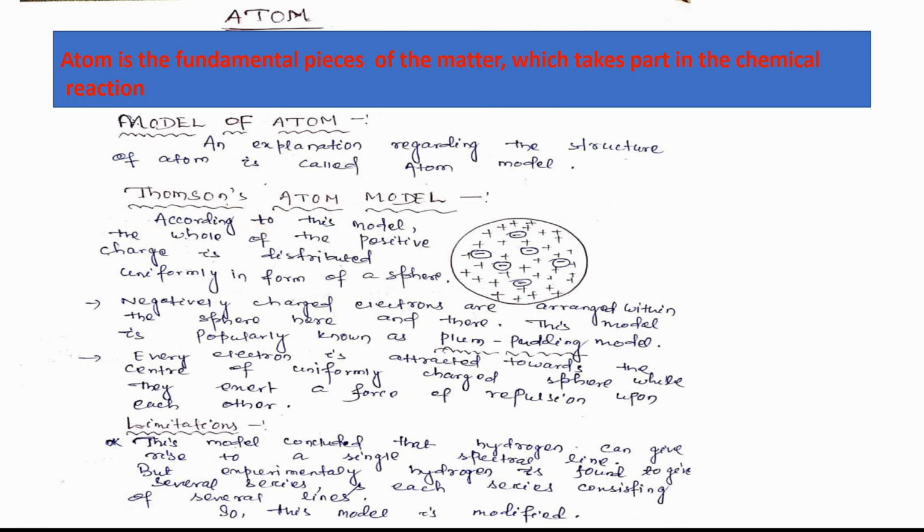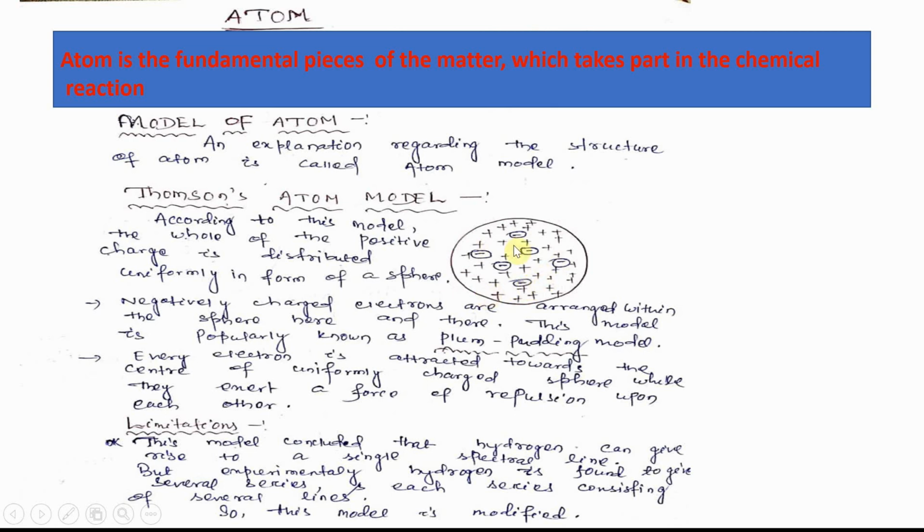Thompson was the first person who gave an idea regarding the structure of the atom, and according to this model, the whole of the positive charge is distributed uniformly over a sphere, and all the negatively charged electrons are arranged within the sphere here and there.